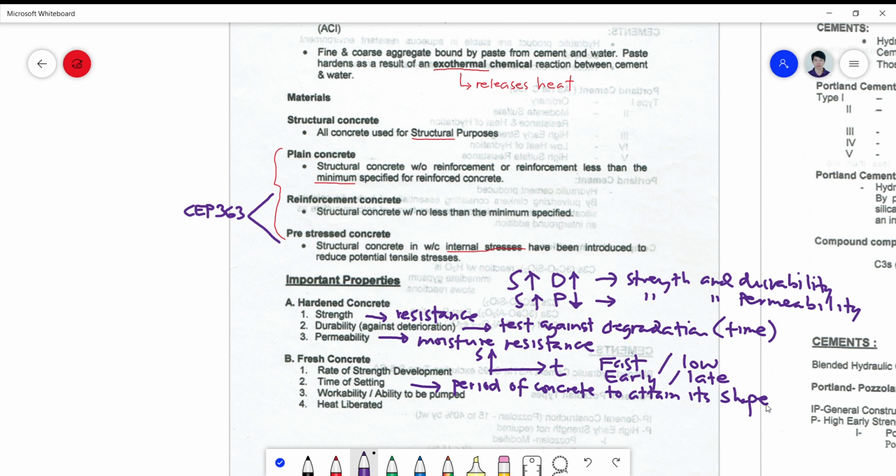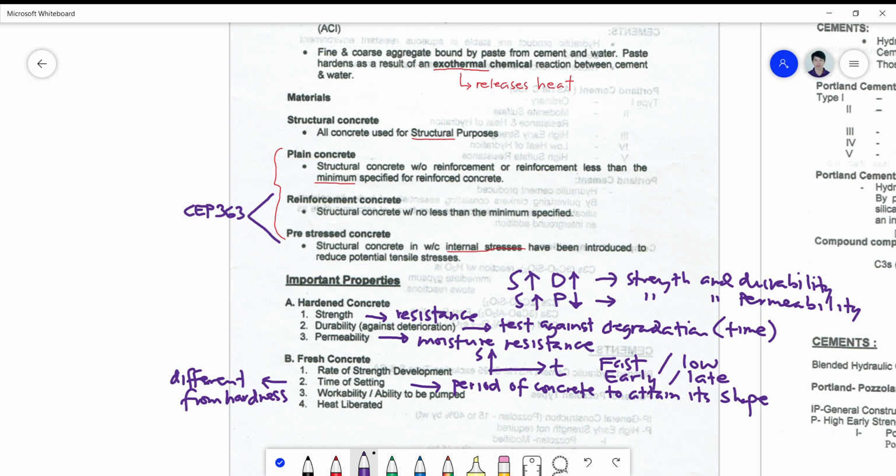But the time of setting is different from being hard. It is different from hardness, because hardness and time of setting are not at all related. Your concrete may have set, but it's not yet hard. Or maybe your concrete has set, and at the same time it has already attained its hardness.